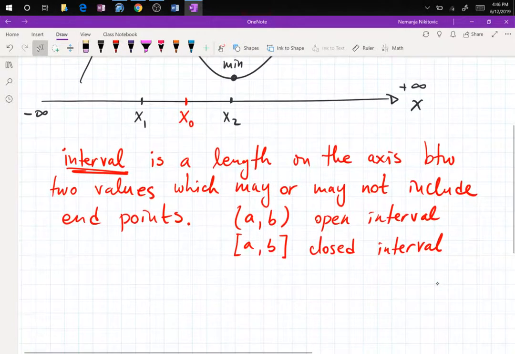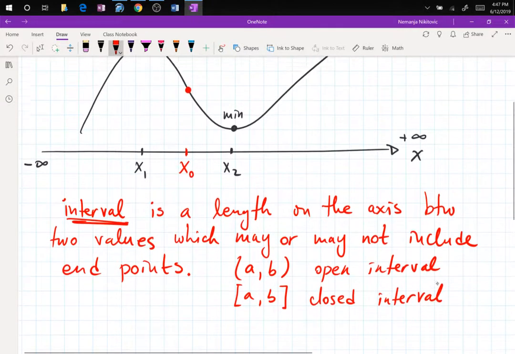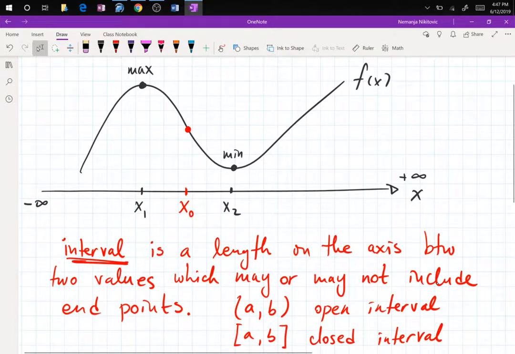If you just have something in writing, like 3, 5 and then 3, 5, and I ask which one is the interval and which is the point, you can't tell, because it's exactly the same. So you need to distinguish from the context of the problem as we go along in this chapter.